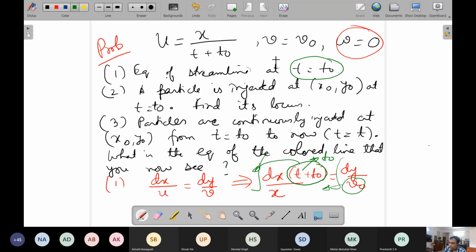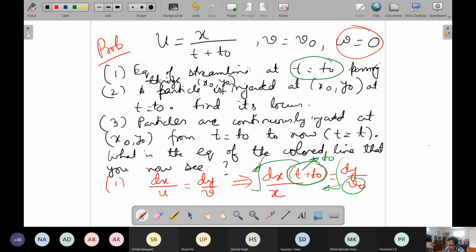What is that? You must constrain a point through which the streamline is passing, because otherwise there will be so many streamlines passing through so many points. So equation of streamline at this one, maybe we can add a rider here, passing through x0, y0.